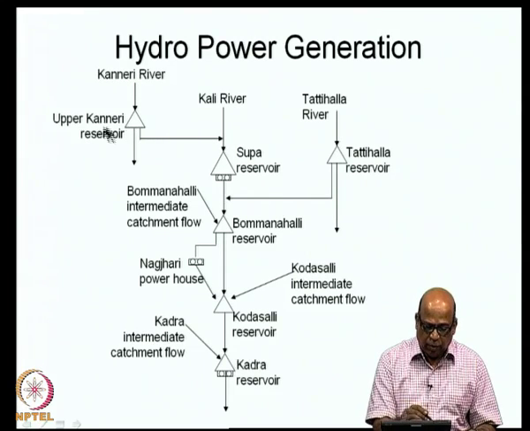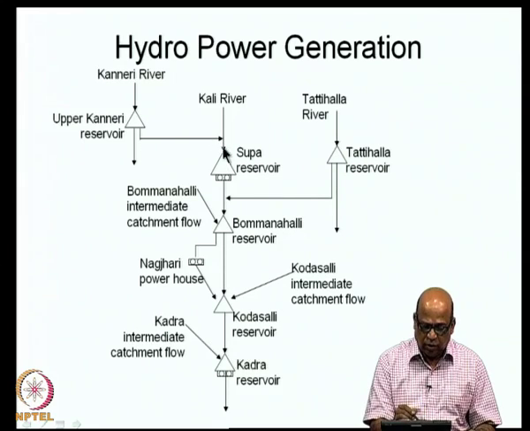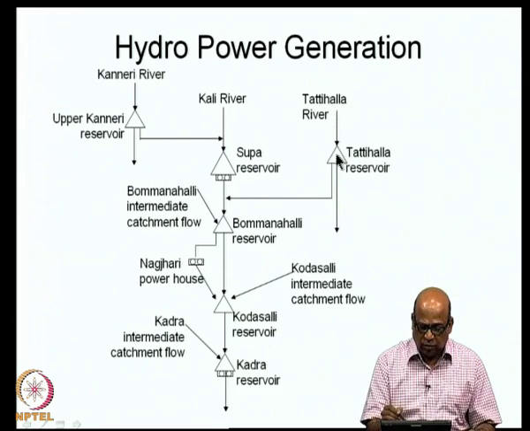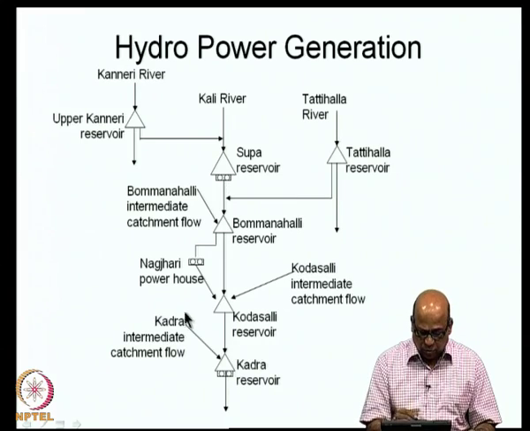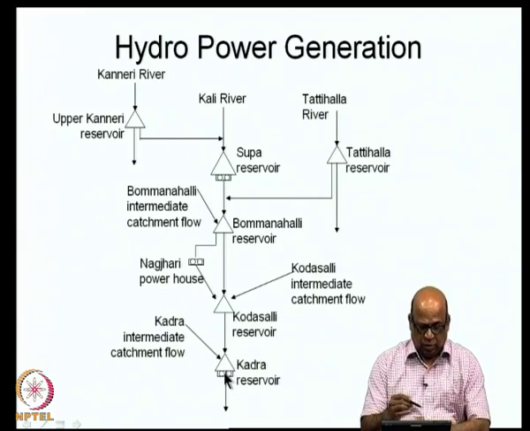For example, this Upper Ganeshgudi reservoir is a balancing reservoir which will supply water as and when it is required. Similarly, Tattihalla is a balancing reservoir, it will supply as and when it is required. Bommanhalli supplies to Nagjhari powerhouse. So, the main powerhouse here is the Nagjhari powerhouse. There is another powerhouse here on Supa dam. There is another powerhouse here at the Kadra.